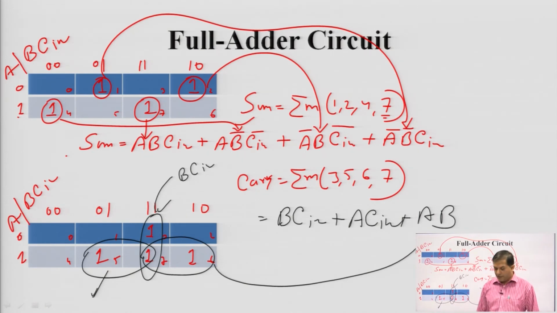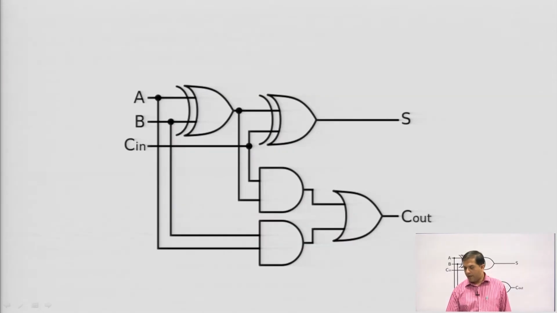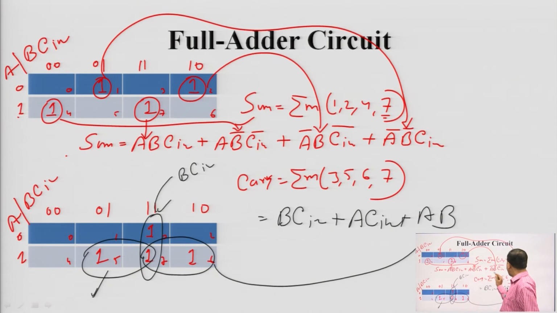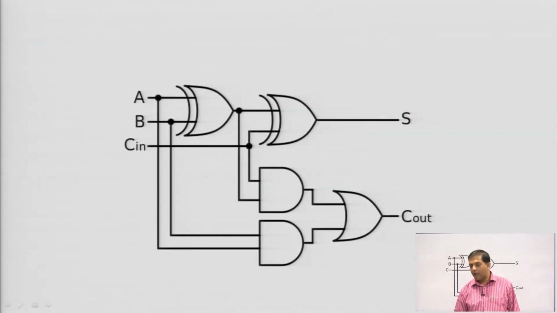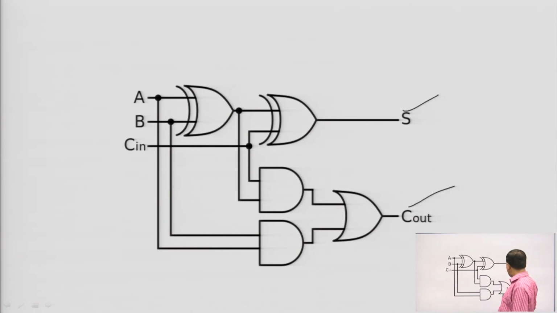Now if we solve this into a format, this is the final expression we have got for carry. If we design it using logic gates, this will be the final full adder circuit. This will be for sum and this will be for carry.